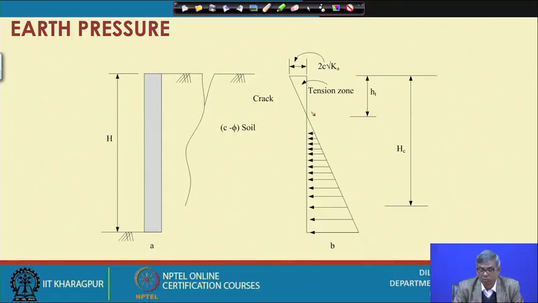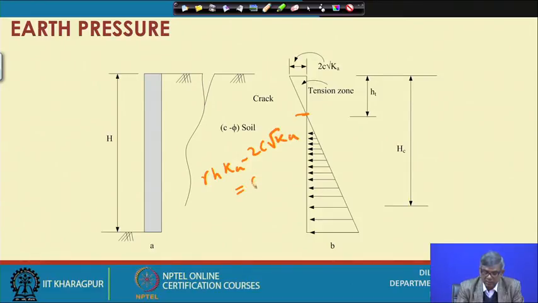So, what is the basis you consider? That means the crack will reach up to a point where your pressure is 0, neither plus nor minus. So, you have the expression gamma h Ka minus 2c root Ka, this is the expression.